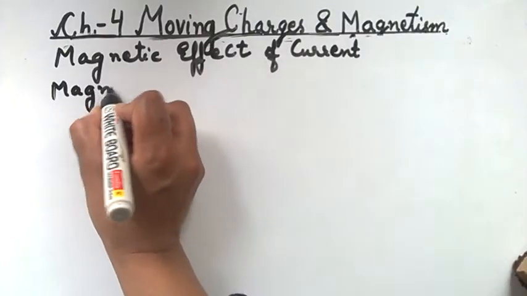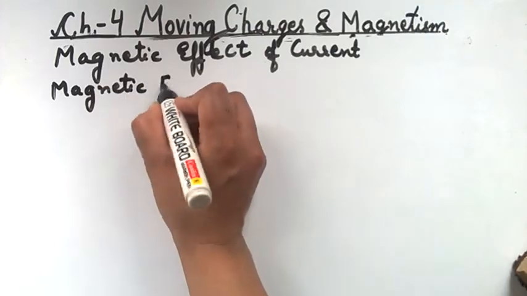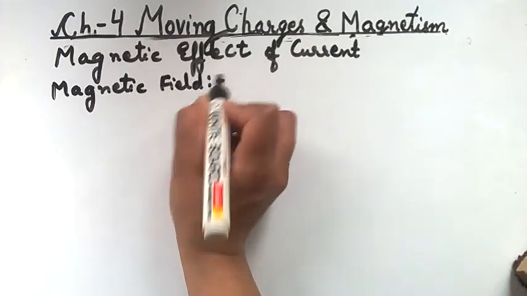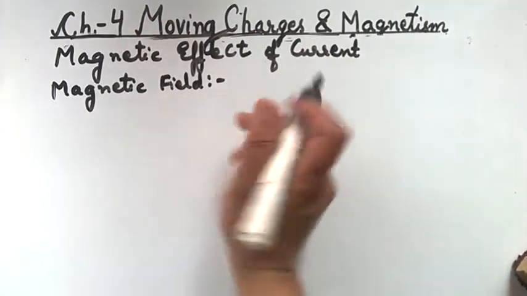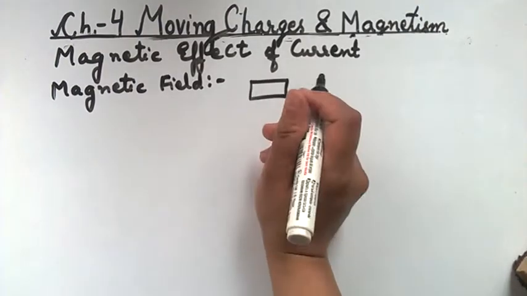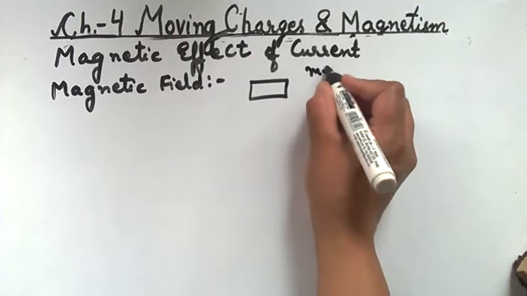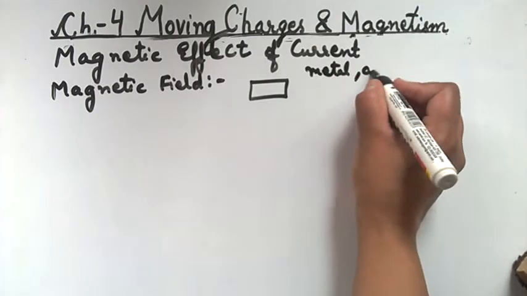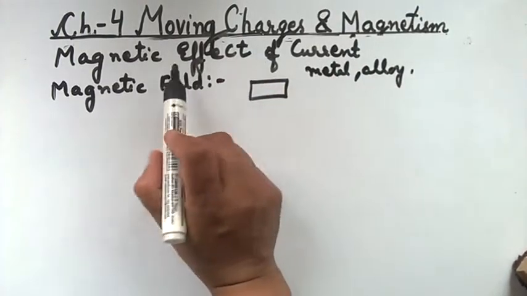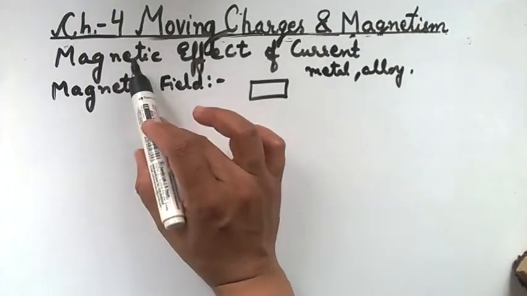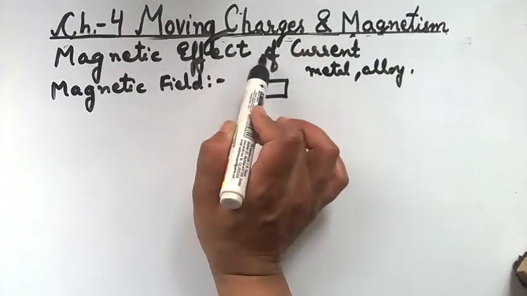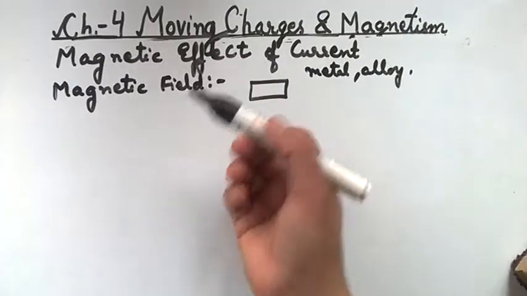Magnetic field. We have learned in earlier classes that magnet attracts small pieces of iron and any metal or alloy. In this chapter, we have studied that due to magnetic effect of current, a current carrying conductor produces magnetic field.